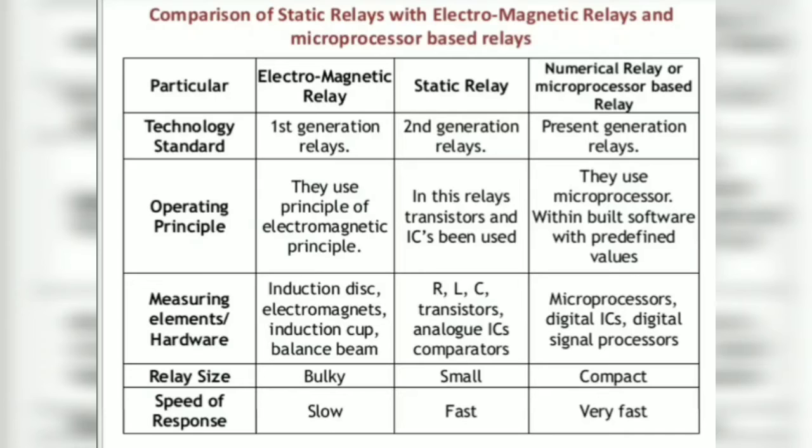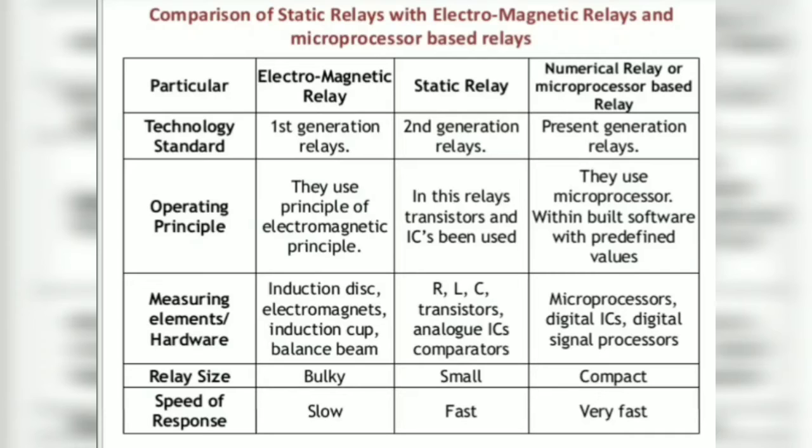For the numerical relay, the measuring elements are microprocessor, digital ICs, digital signal processor, and so on. This is the main component, or we can say the measuring element, of these three relays.